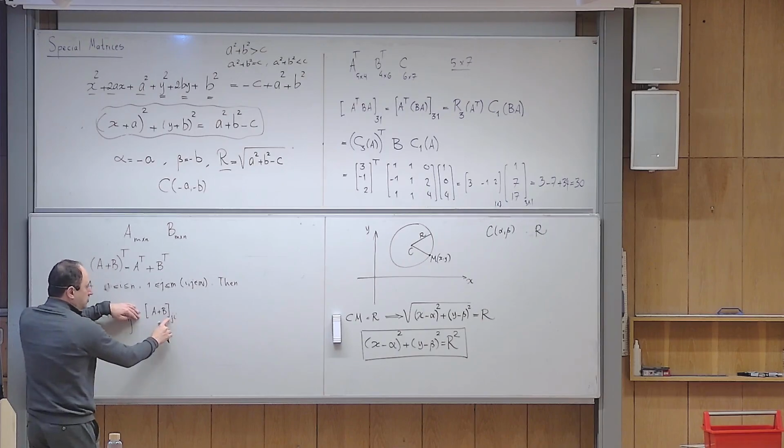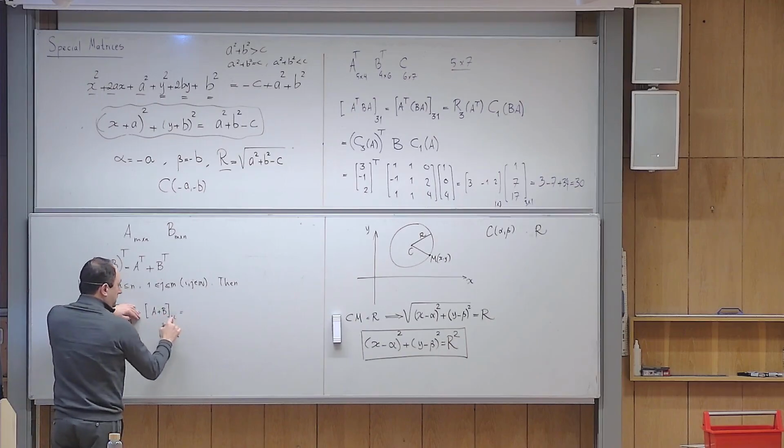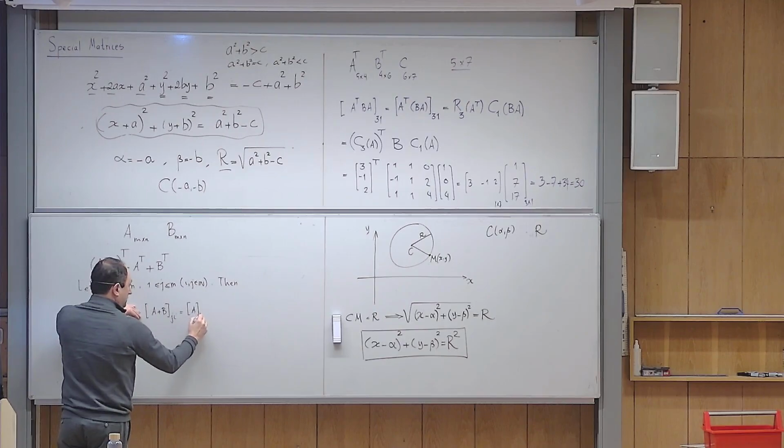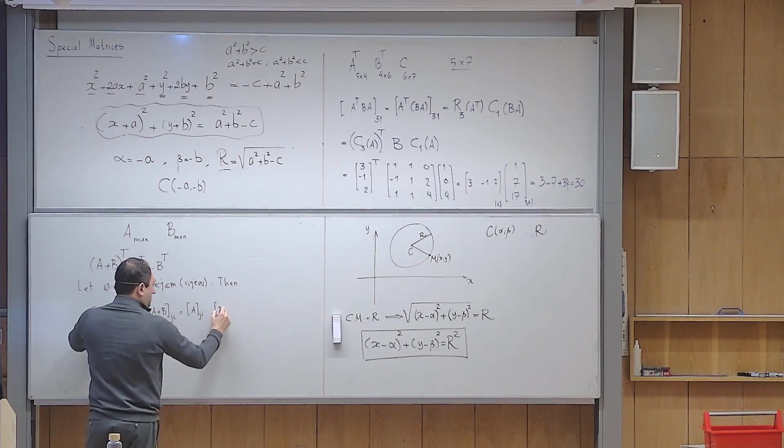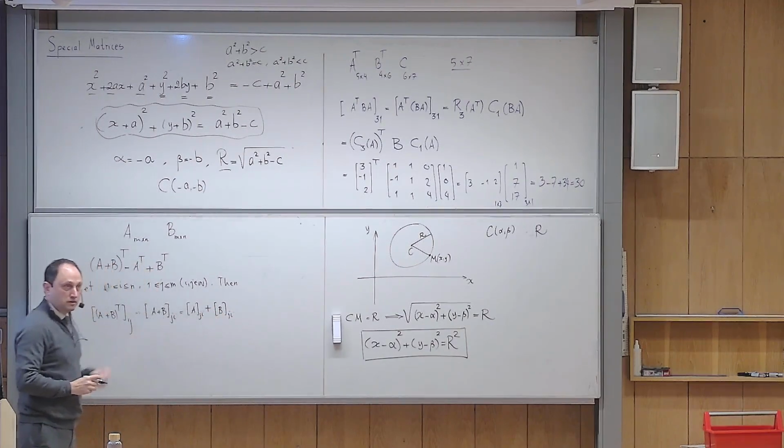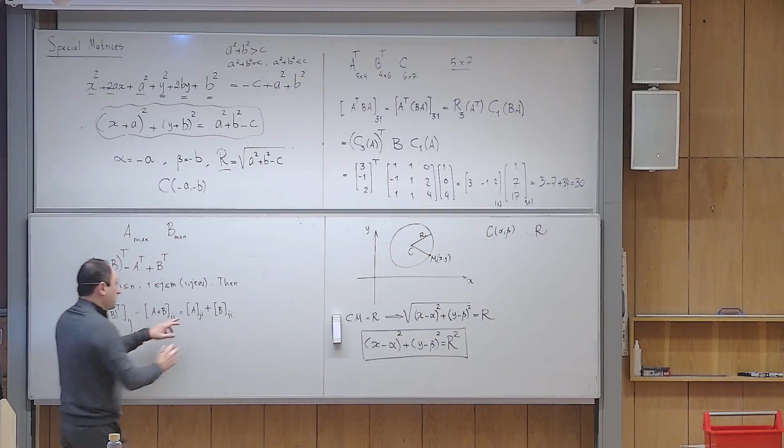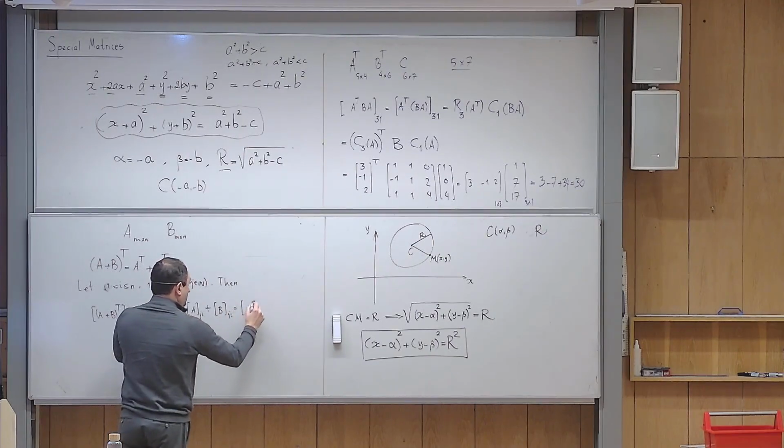If I ask you what a particular entry of the sum of two matrices is, you will tell me: take the same entry from the first matrix, take the same entry from the second matrix, and add them.